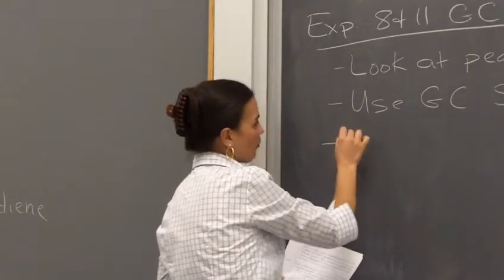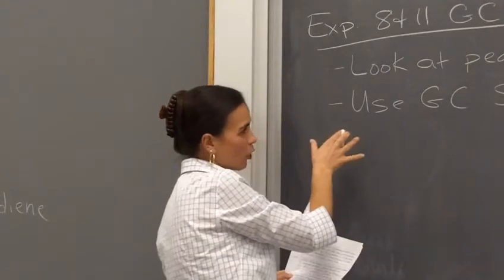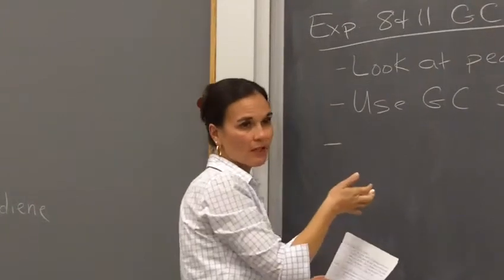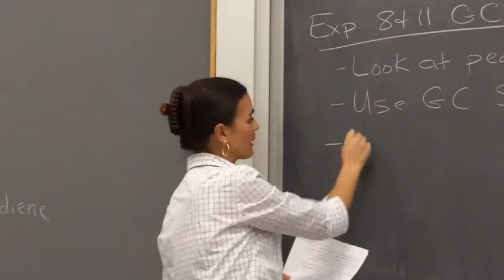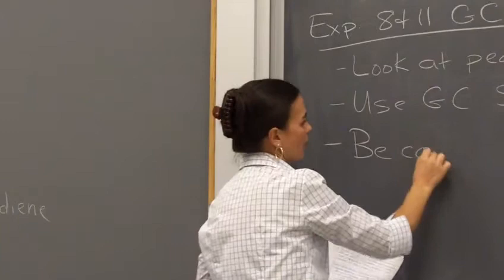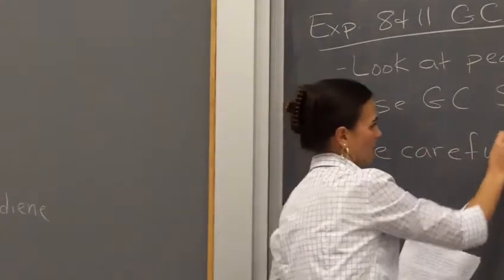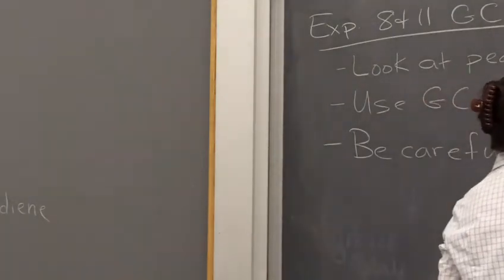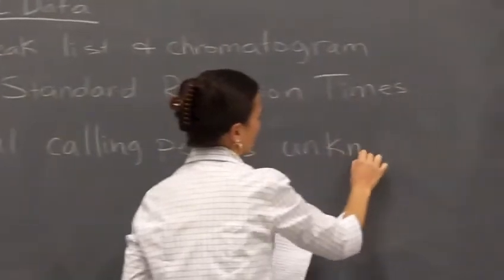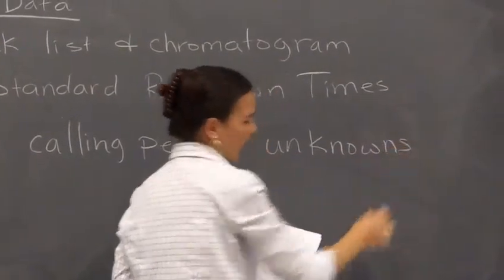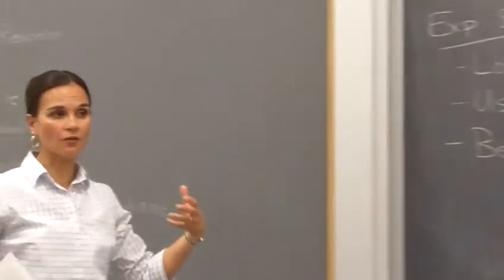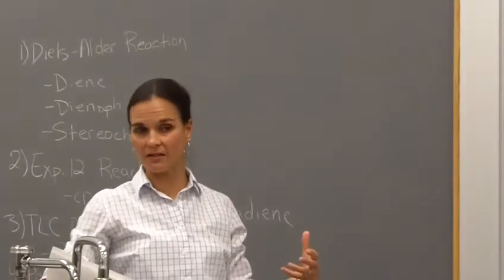And then when you are looking at your peaks, if you can't identify a peak, it's going to be an unknown peak. But be really careful calling things unknowns, okay? You have to use that list of standard retention times to figure out trends, especially within the alkenes.